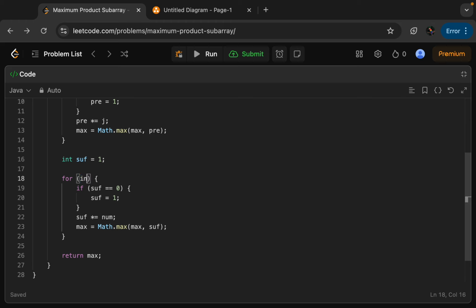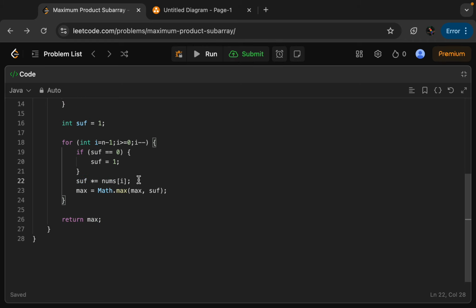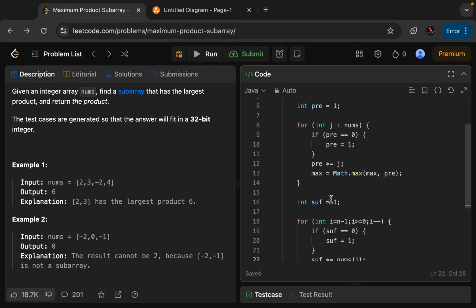So this would be like this: int i equal to n minus 1, i greater than or equal to 0, i minus minus, and if suffix is 0, suffix is initialized to 1, and the suffix here would be suffix into the ith element, nums of i. So this is the case.